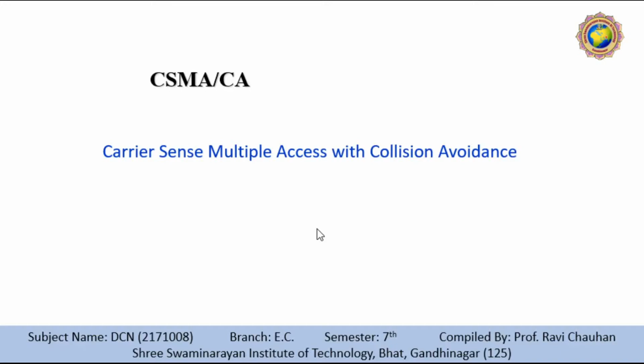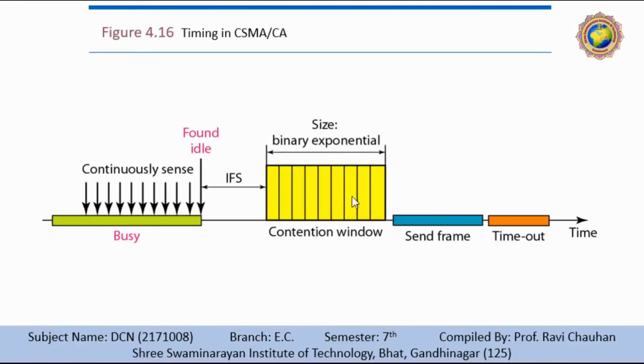We need to avoid the collision on the wireless network because it cannot be detected. Carrier sense multiple access with collision avoidance was invented for this network. Collisions are avoided through the use of three CSMA strategies: interframe space, contention window, and acknowledgement, which are shown in this figure.